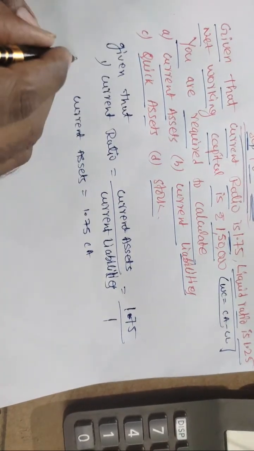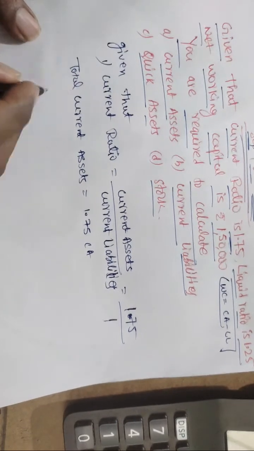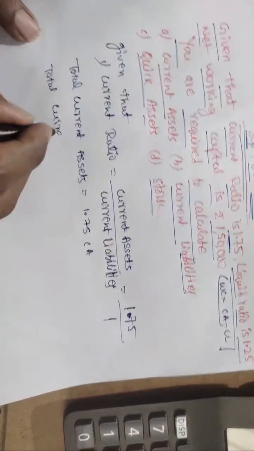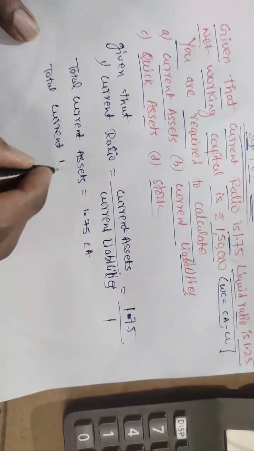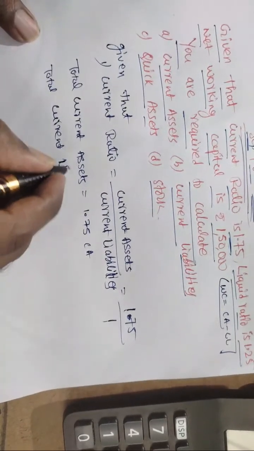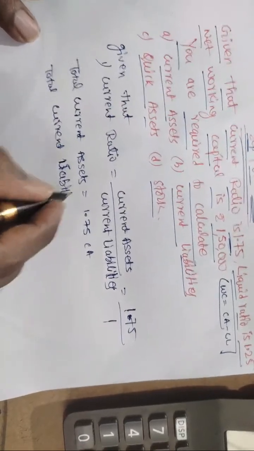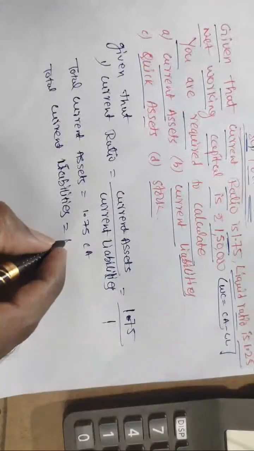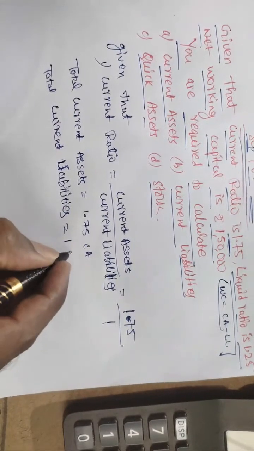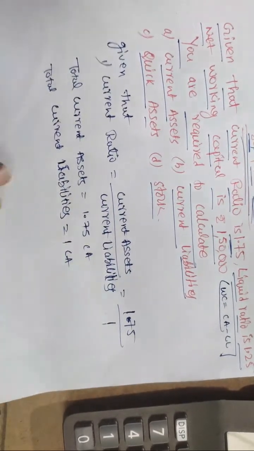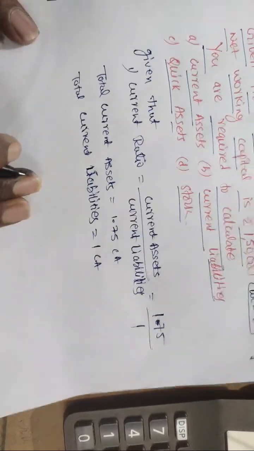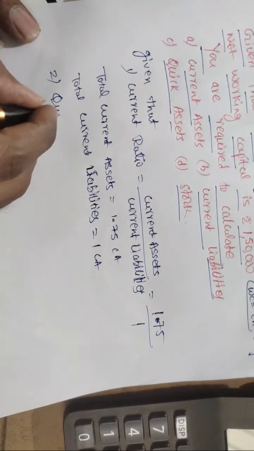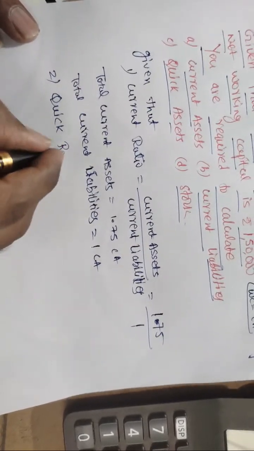Then total current liabilities equals 1 current liability as per the information we have. Next, the second one, quick ratio. What is quick ratio here?